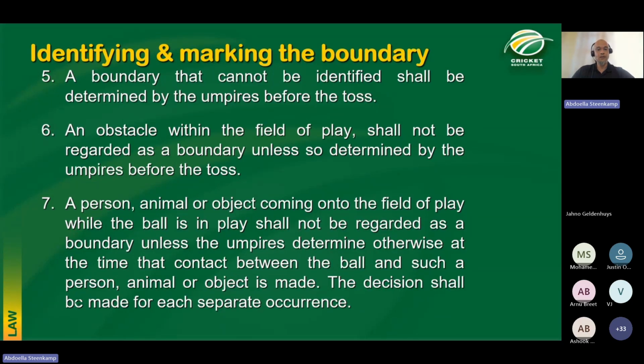Also, if a person, animal, or object comes onto the field of play, the law guides us on how to handle this. The law tells us that it is for you, the umpires, to decide whether, if it was not for the intervention of this person, animal, or object, the ball would have gone for a boundary 4.